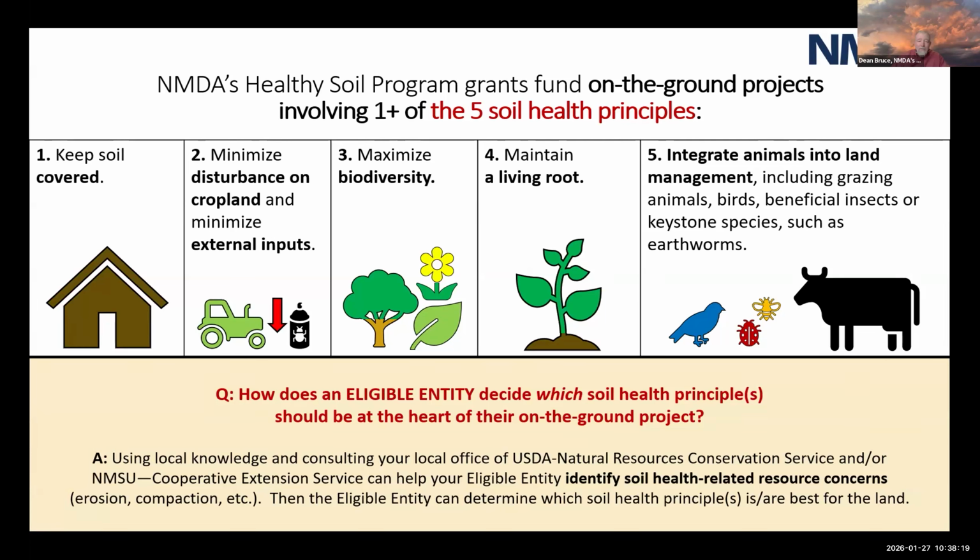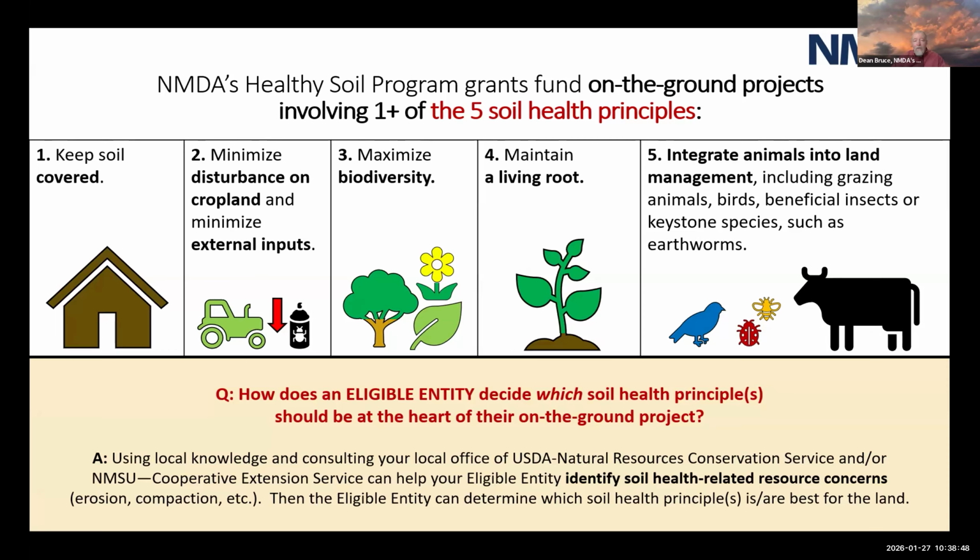So, how do you, as an eligible entity, decide which soil health principles should be at the heart of your on the ground project? Well, first, you use your local knowledge. Whether it may be a board or other farmers and ranchers, use that local knowledge. We also encourage you to consult your local USDA, NRCS, or Natural Resource Conservation Service office. Maybe visit with NMSU Cooperative Extension Service.